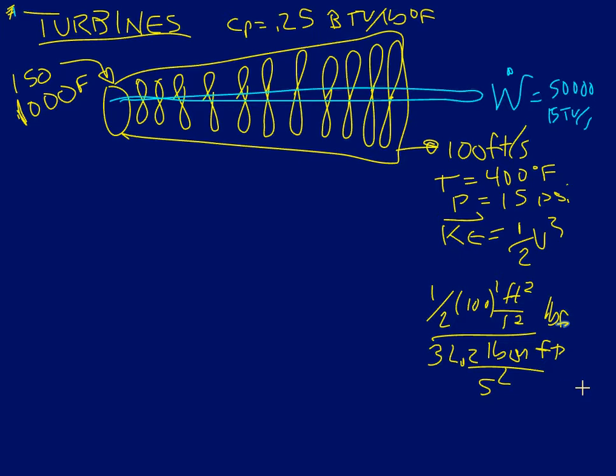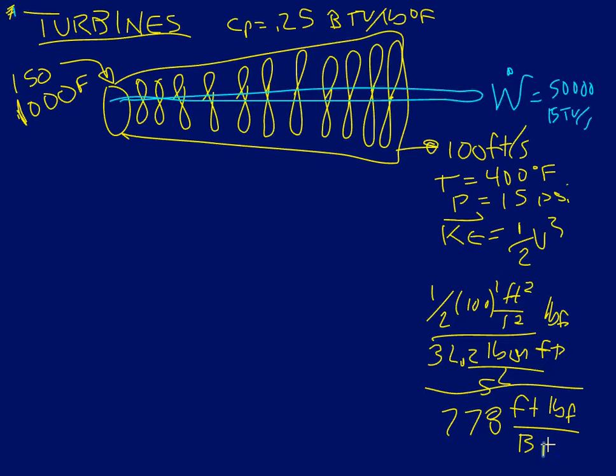Now I'm going to divide that whole thing by 778, and there's 778 foot-pound force per BTU.